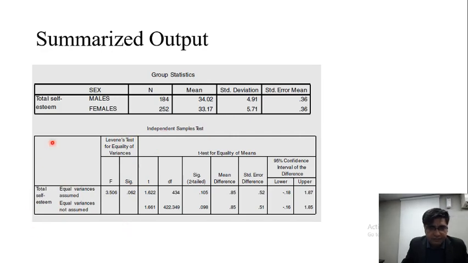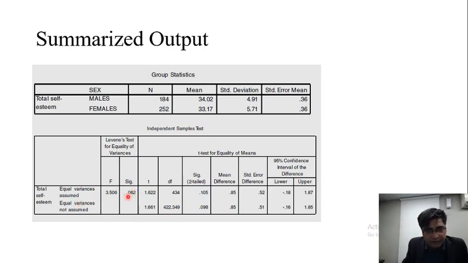If the significance value of Levene's test is less than or equal to 0.05, we reject the null hypothesis of equal variances, and the result is that equal variances are not assumed. In that case, the below row of information is used for further analysis.